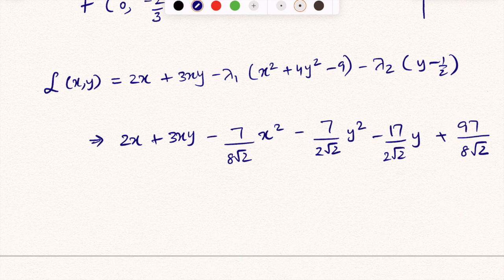The concavity check for any function is taking the second order derivative and checking if it's greater than or less than 0. Since this is a function with more than one variable, we need to calculate the Hessian matrix.